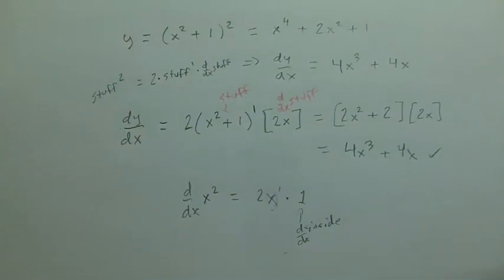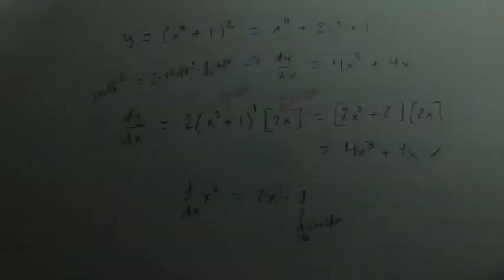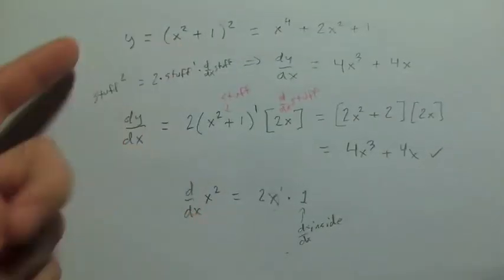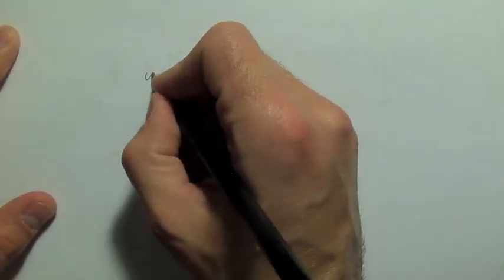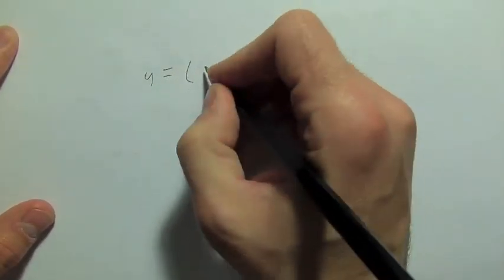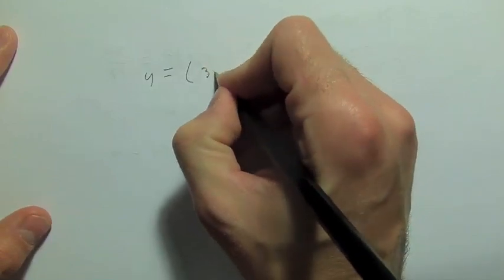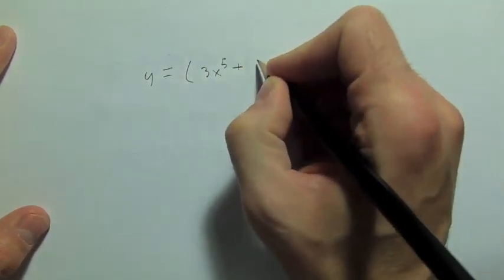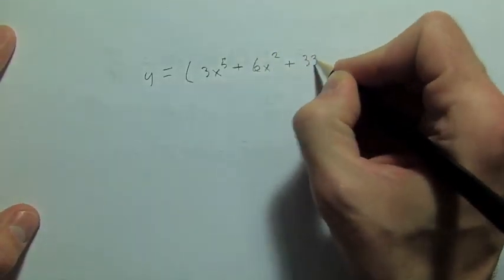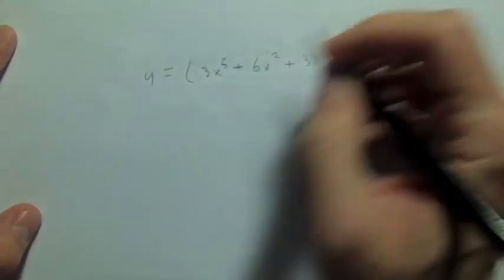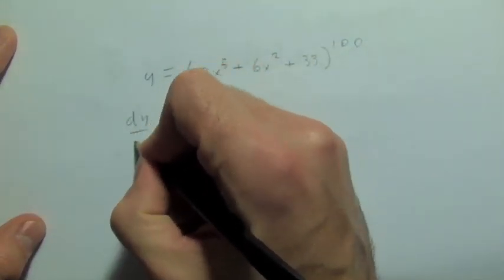Now you might be also thinking, well, I won't use the chain rule because like this one, I could just expand this thing out, and that's a lot easier. And it's true, but you know, if you had something like this, y equals, I don't know, like 3x to the 5th plus 6x squared plus 33 raised to the 100th. And I asked you to take the derivative.